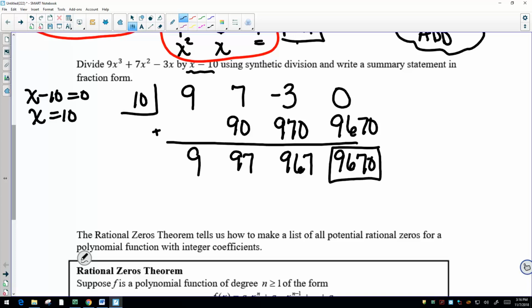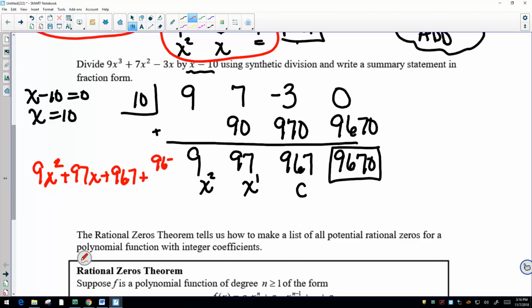Now again, we have to write this in fractional form, so let's think. This first term is my constant, this is my x to the first, this is my x squared. So if we're going to write our answer in fractional form, we have our quotient, 9x squared plus 97x plus 967, plus our remainder, 9,670, divided by our divisor, which is x minus 10.